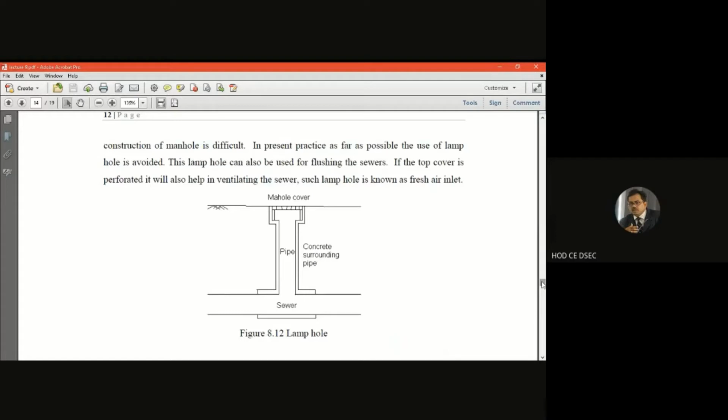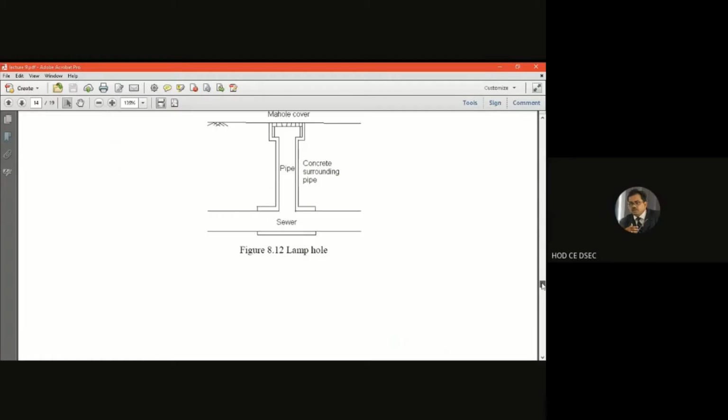So flushing and ventilation are also used apart from the lamp hole purposes. Definitely this structure is built for miscellaneous purposes, not particularly for inserting a lamp, but also for ventilation as well as for flushing water, as you have seen.